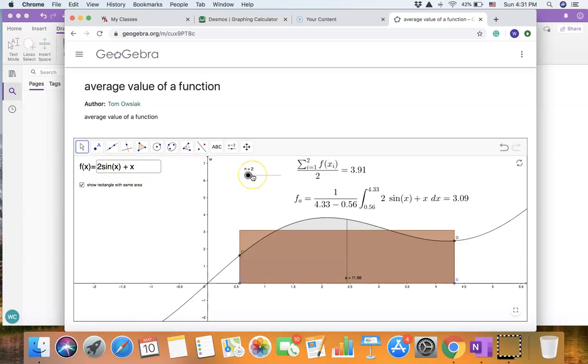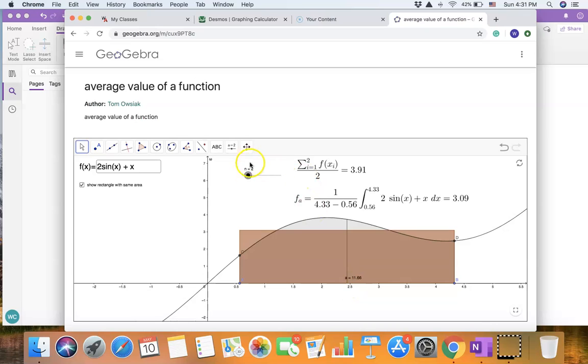Now, the average value of this function, if we consider the discrete case, will be equal to the summation of f(xi), where i goes from 1 to 2, divided by 2. So what does this mean? This means we add the function value at x1 and the function value at x2, and then we divide by 2. So this will give us the average value of the function.